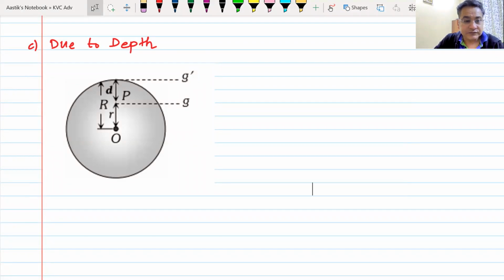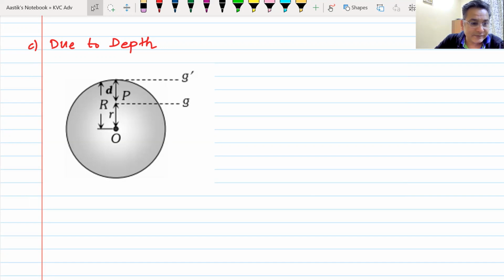It decreases, sir. It decreases, but what is the formula? How does it decrease? What is the relation? That is what I'm asking here. How do you get the value of g inside the surface of Earth?